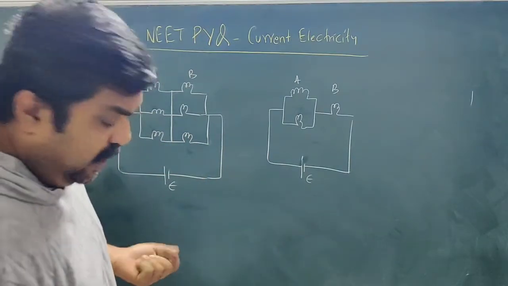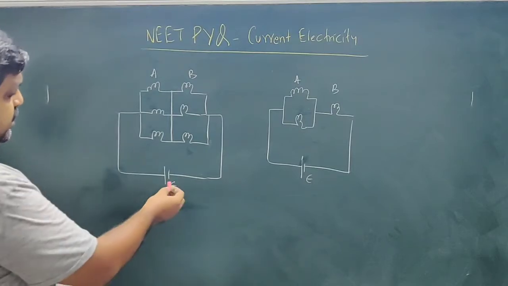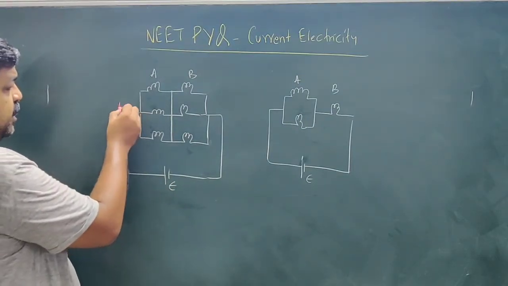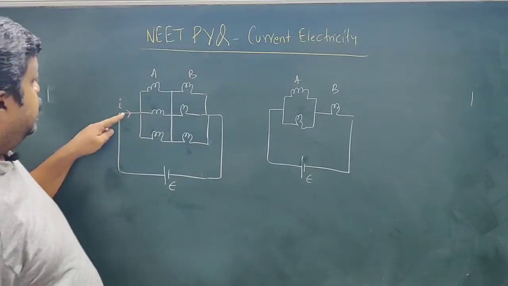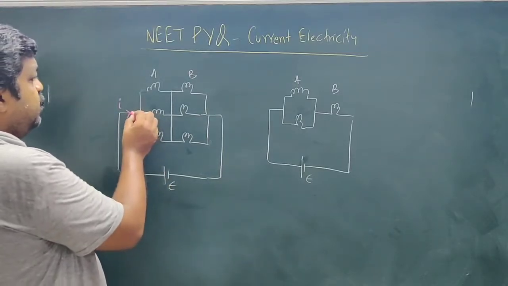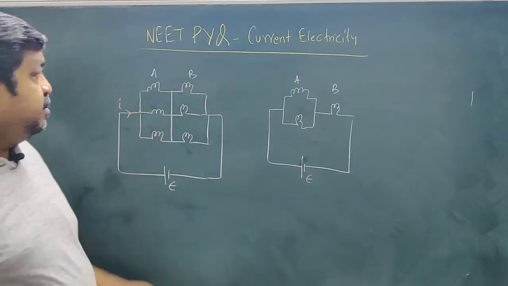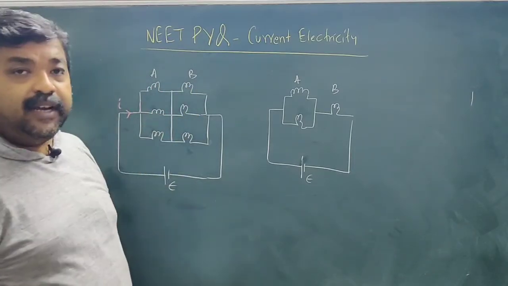Now see this DC source, it is sending current I. This current has to be divided into 3 parts, and all the parts are identical because all the bulbs have identical resistance.